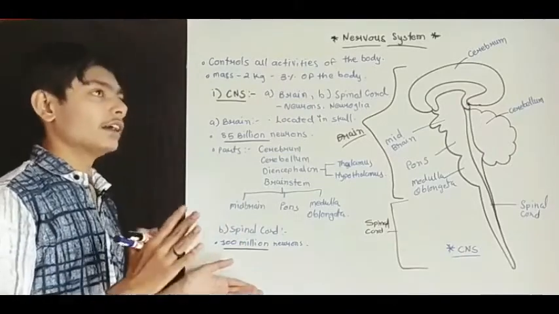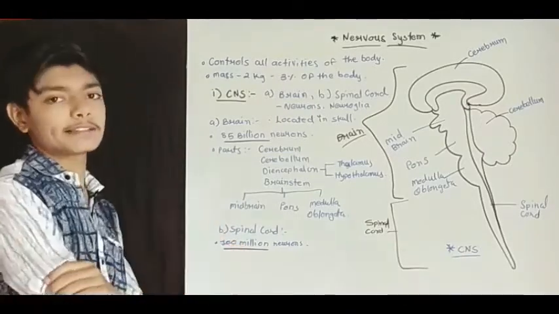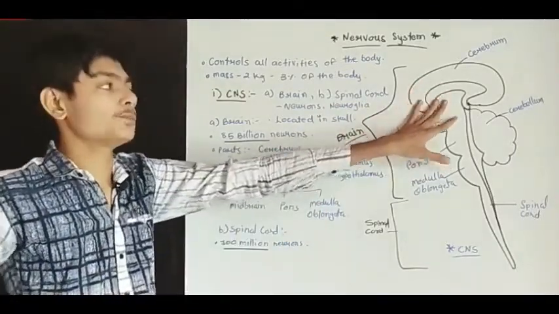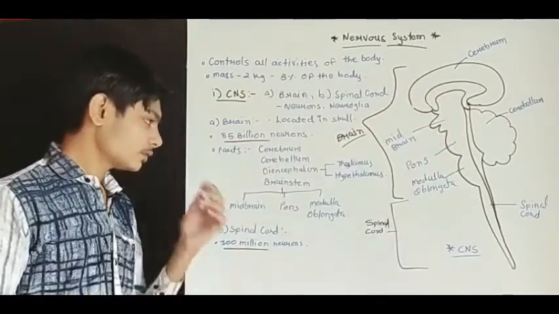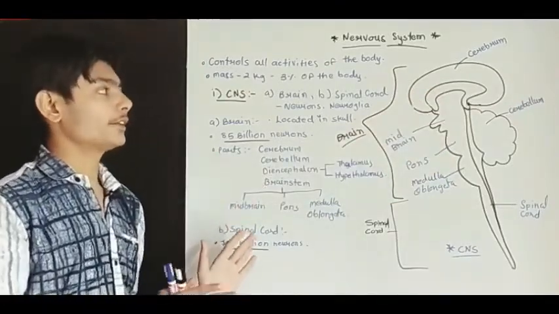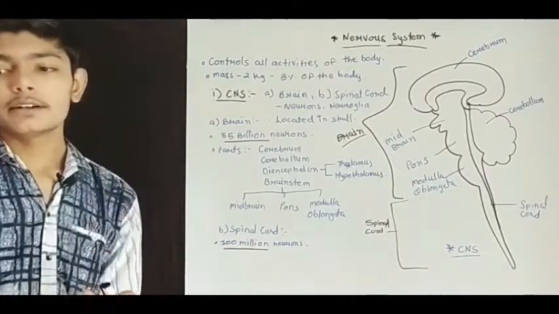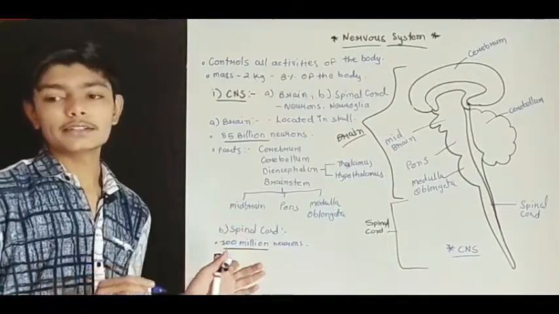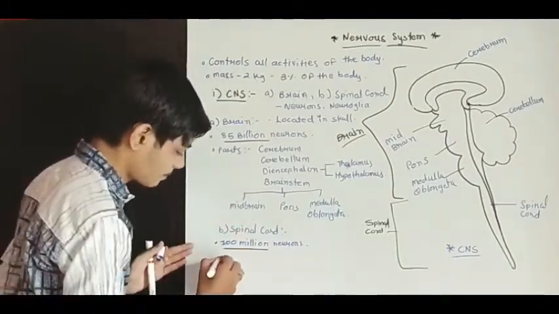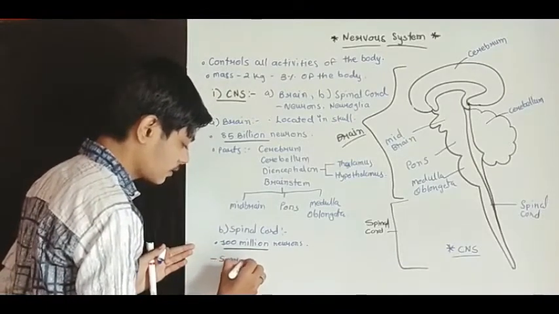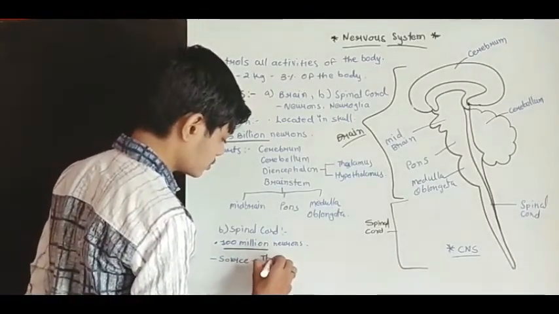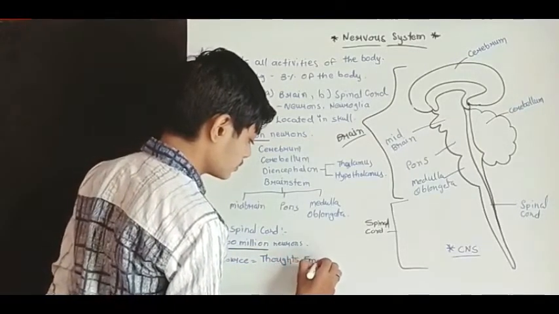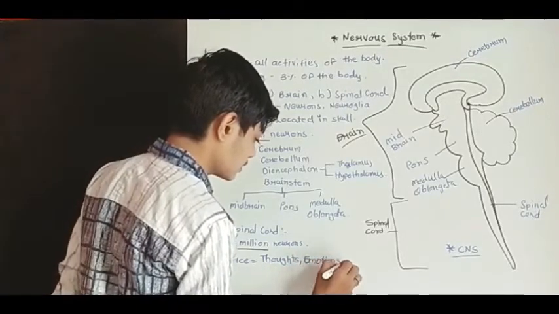Sensory information means બોડીના જે different parts છે એમાંથી જે sensory information આવે છે એમની પ્રોસેસિંગ સેન્ટ્રલ નર્વસ સિસ્ટમમાં થાય છે, મીન્સ બ્રેઇન એન્ડ સ્પાઇનલ કોર્ડમાં. So it is the main processing point. And next, the central nervous system, brain and spinal cord, is the source of our thoughts, our emotions, and our memory.